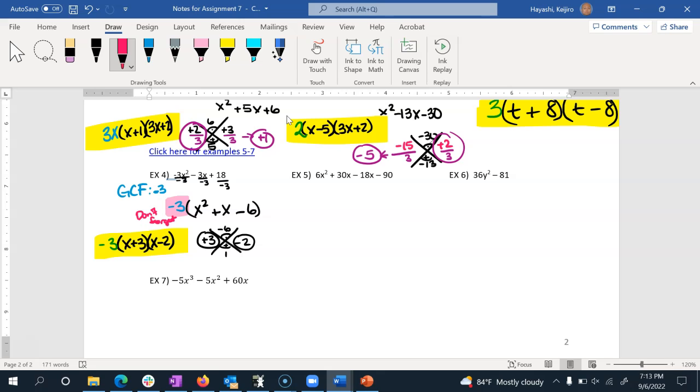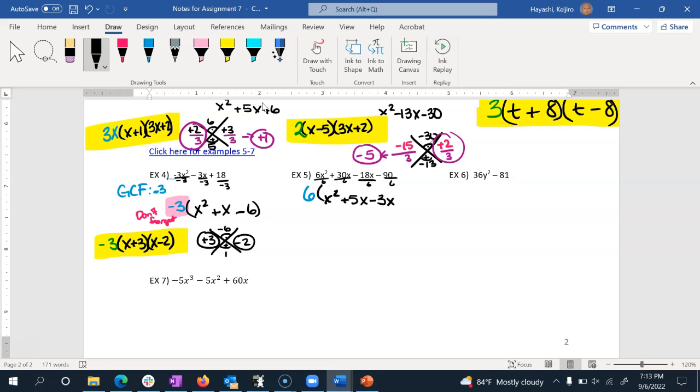So the first thing we're going to do is factor out the 6. And then what are we going to be left with if we factor out a 6? Okay, x squared. Plus 5x, that's the second term. Minus 3x.